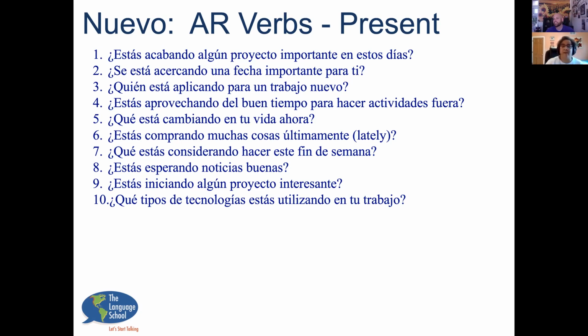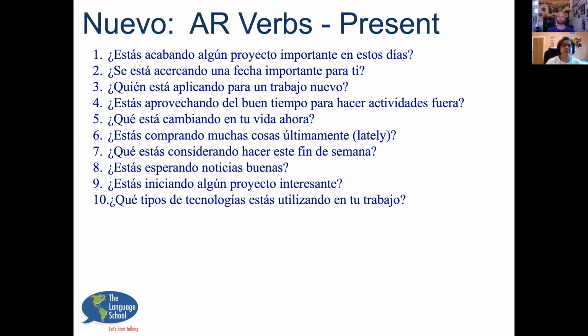Because it's the date that's getting close, okay, yeah, está acercando. ¿Quién está aplicando para un trabajo nuevo? Mi esposo está aplicando para un trabajo nuevo.